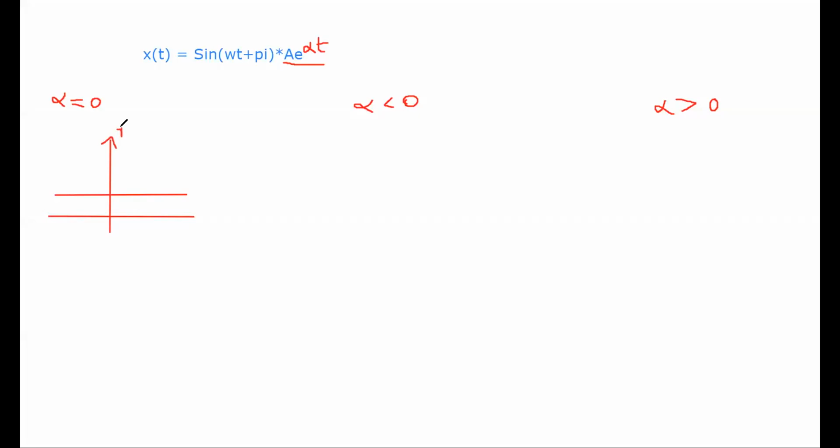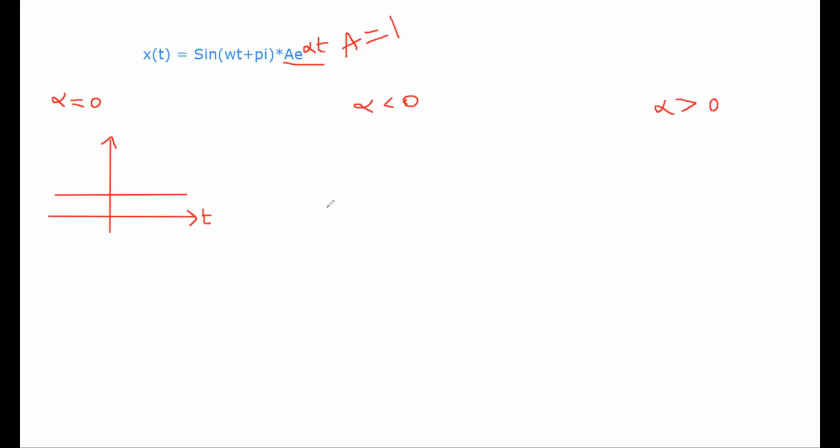So this is the exponential signal when alpha is equal to 0. So when alpha is equal to 0, a into e power alpha t is equal to a, right? Let us consider a is equal to 1 for simplicity. When a is equal to 1, e power 0 is equal to 1, isn't it? So this is how this exponential signal looks like.